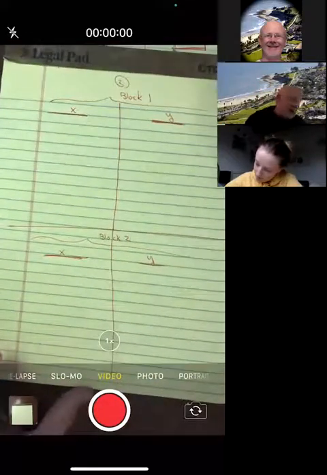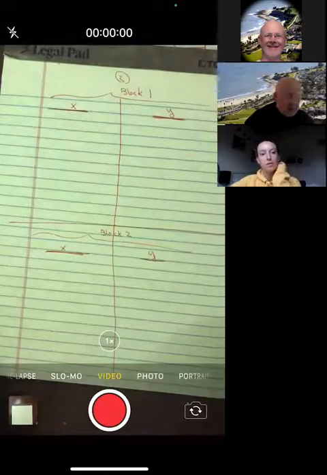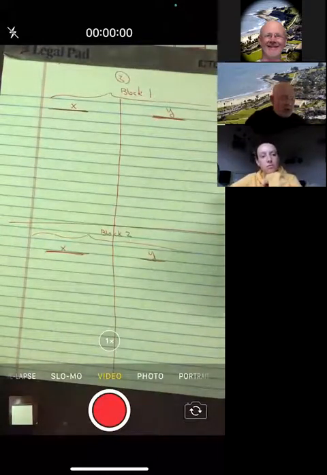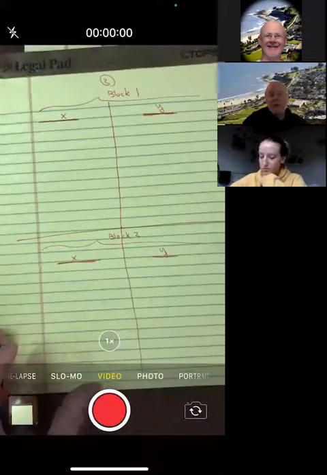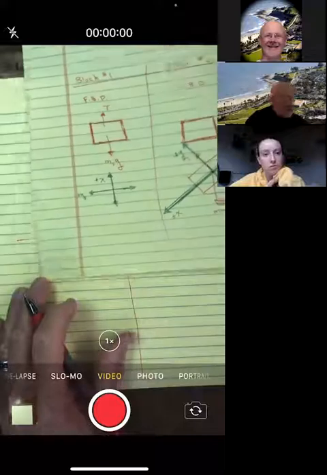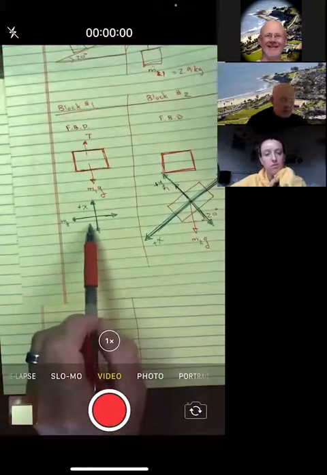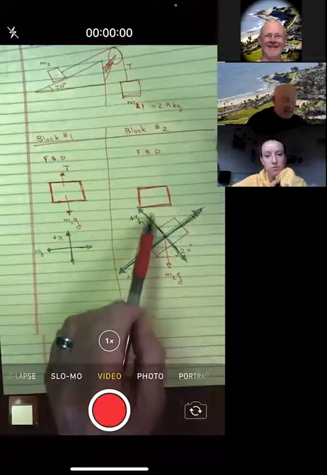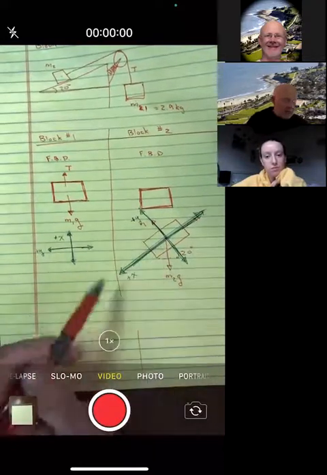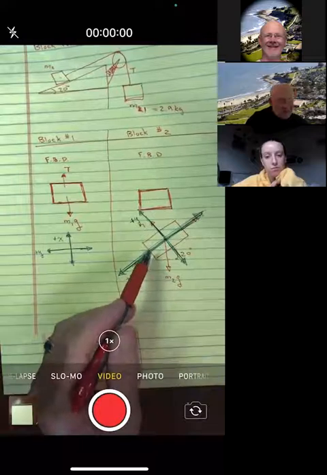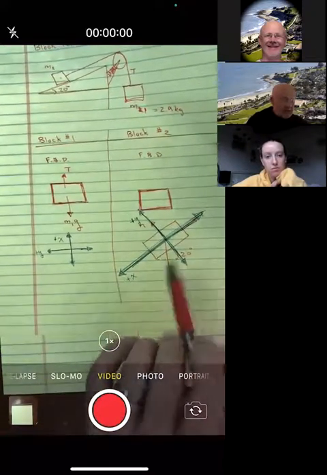Now, it turns out, and it's probably not quite so obvious yet, but the y motion of each of these are not going to be used. I'll say that because block number one doesn't do anything in the y direction. And if you come back to our free body diagram, sure, there are some forces in the y direction, but those forces don't really depend on anything in the x direction, unless there was friction.